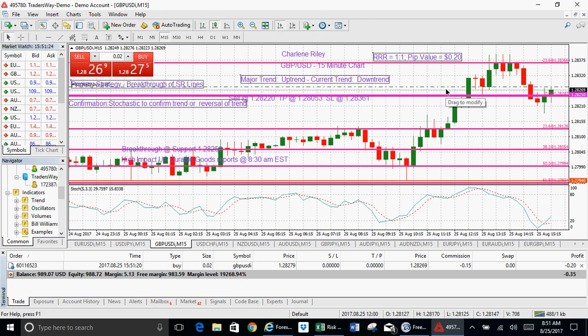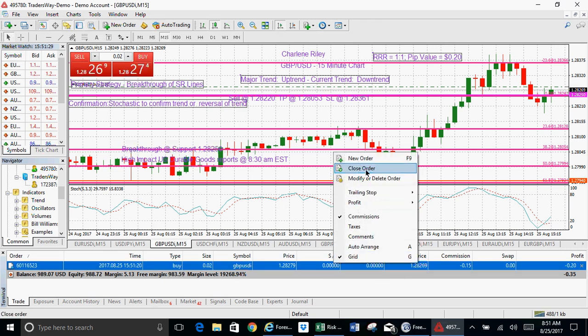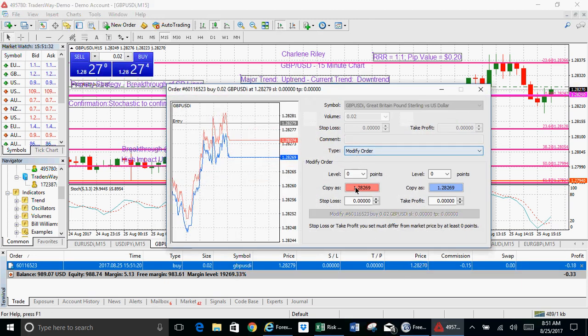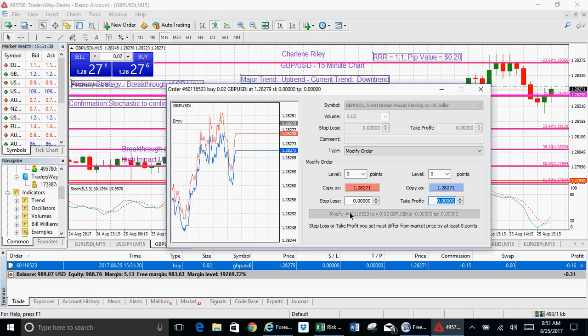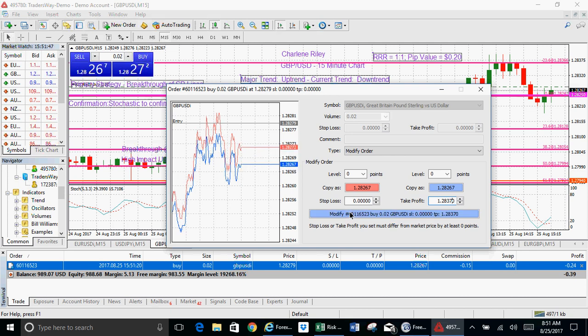And I'm going to set my take profit at 10 pips above. So that's 1.28379. And I'm going to set my stop loss at 10 pips below.